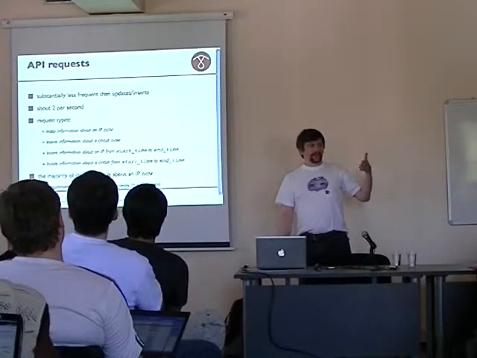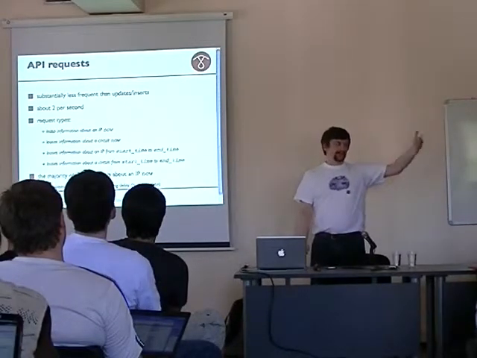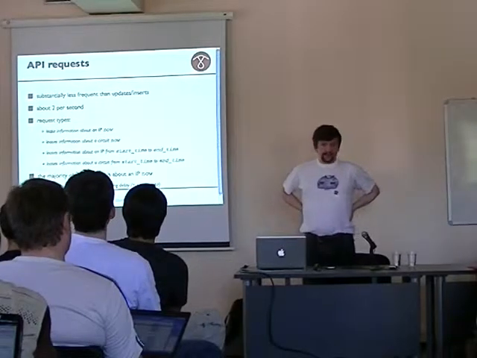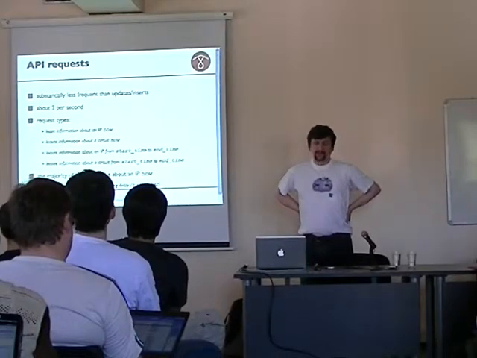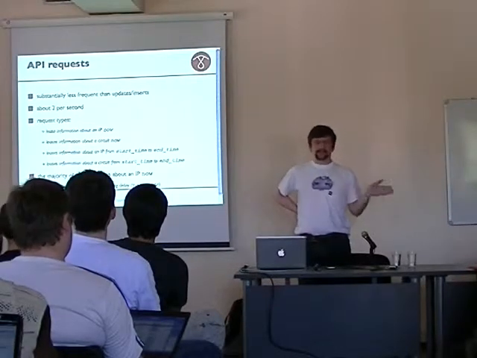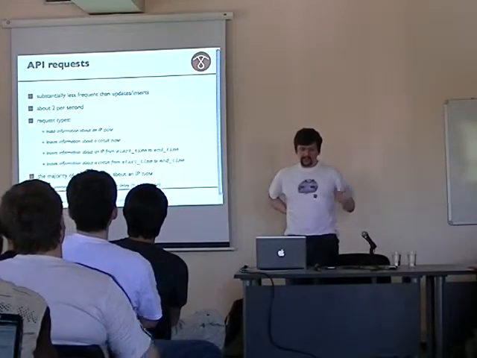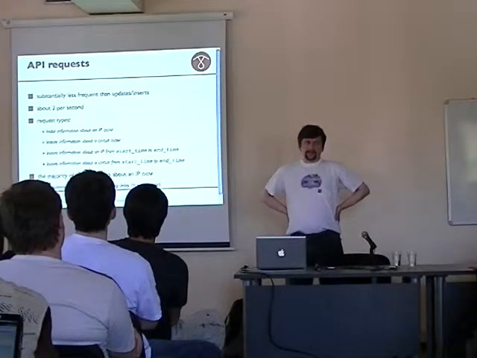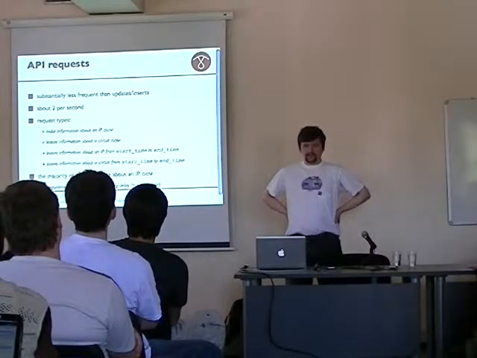Okay, so the workflow is pretty simple and basic. Now those API requests, when we actually ask who had that IP at that time, you don't have nearly as many of those, about 2 per second on average. Sometimes it comes in bursts, sometimes nothing happens for a little bit, but on average, 2 per second. And we do several possible requests.